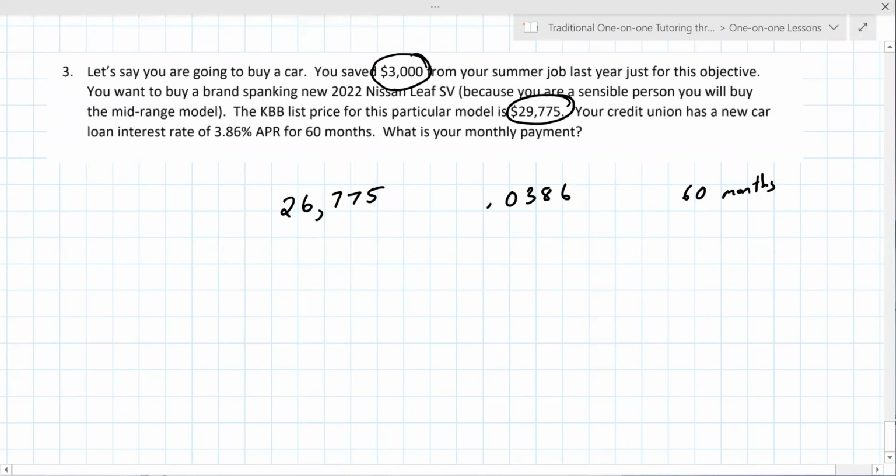So we've got to find the payment formula for this. See if I can find it. All right, so I guess it's the same formula.